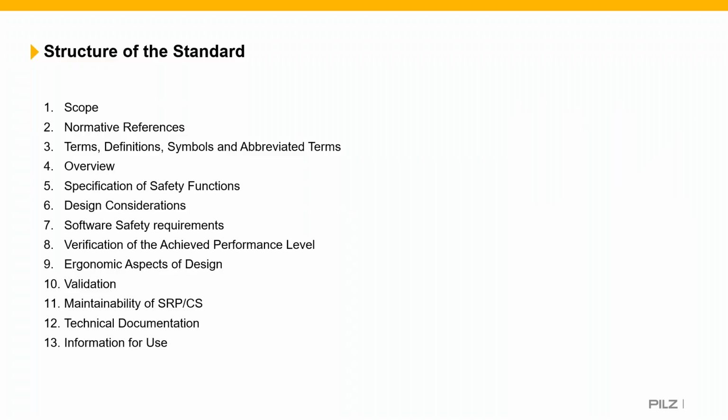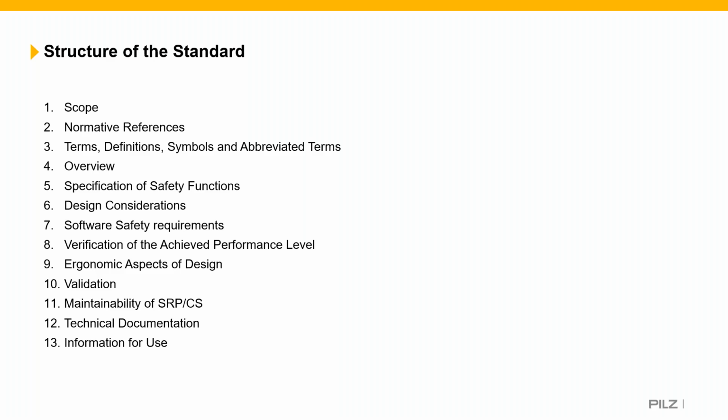So 13849 Part 1, Functional Safety. This is the structure of the standard. It goes through the scope, what it covers, any of the normative references, and gives you information in section 3 on any of the terms and symbols, abbreviations, so when you're reading through you can understand what's meant.